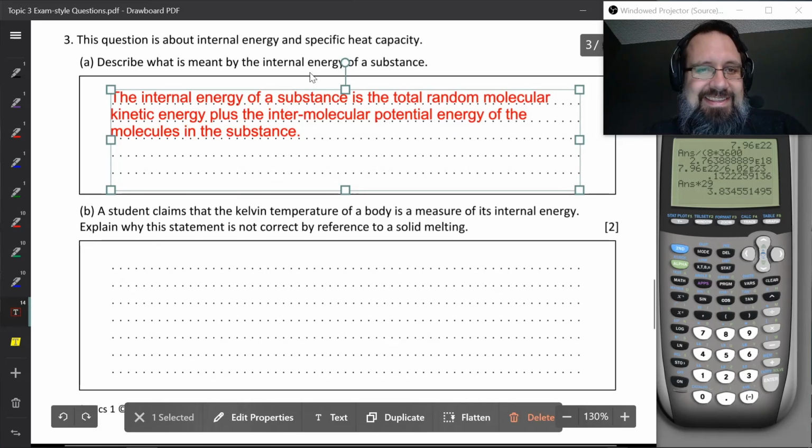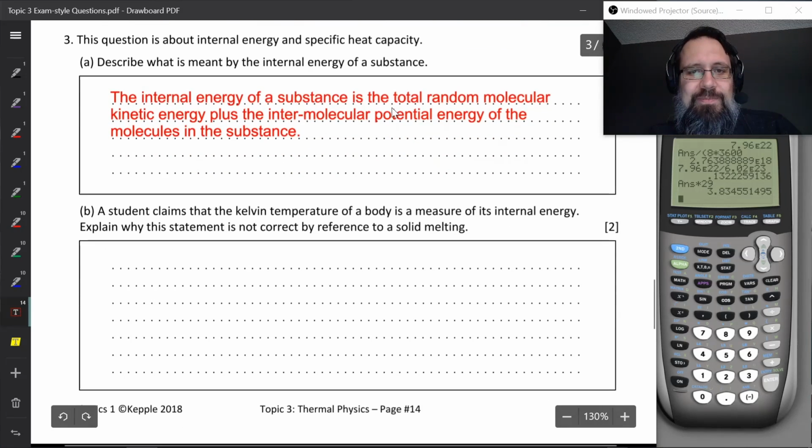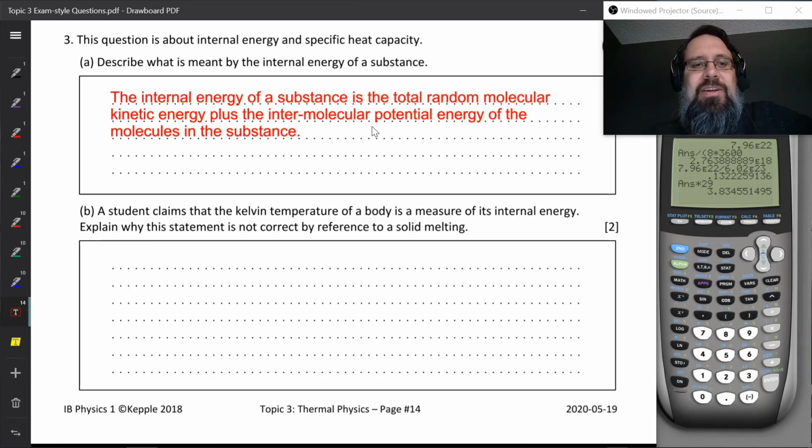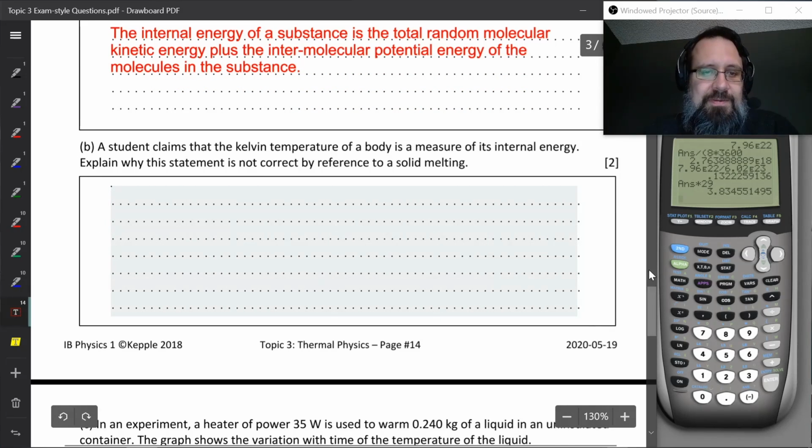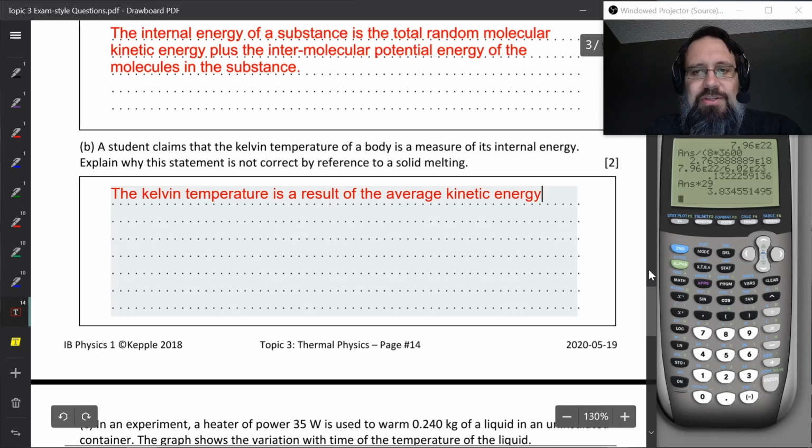Okay, cool. Part B, a student claims that the Kelvin temperature of a body is a measure of its internal energy. Explain why the student is not correct by referencing a solid melting. I'm going to do two statements here. First, the Kelvin temperature, which means the absolute temperature, is a result of the average kinetic energy of the molecules in the sample.